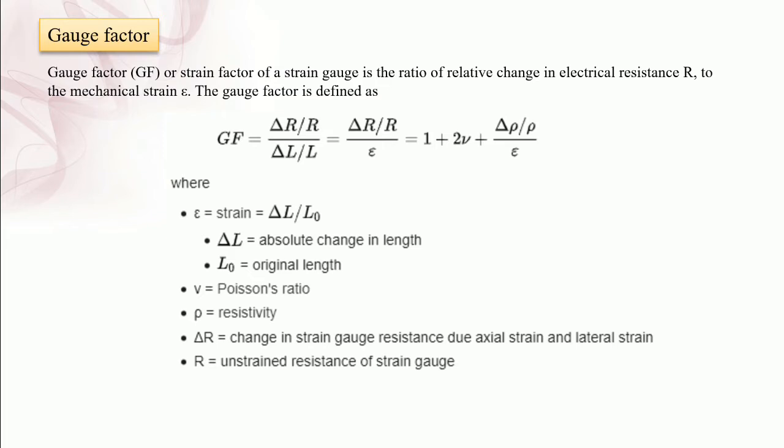The change in the value of resistance of a strained conductor is more than what can be accounted for by the increase in resistance due to the dimensional change. The extra change in the value of resistance is attributed to a change in the value of resistivity of a conductor when strained. This property is known as the piezoresistive effect.